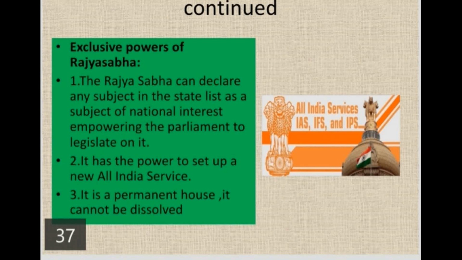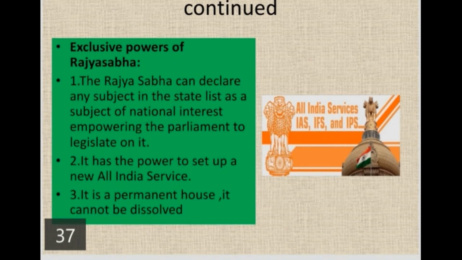And here, the Rajya Sabha, being the representative of the Council of States, by passing a two-third majority in Rajya Sabha, is empowered to declare any subject in the state list as of national importance, and it can make law on it.